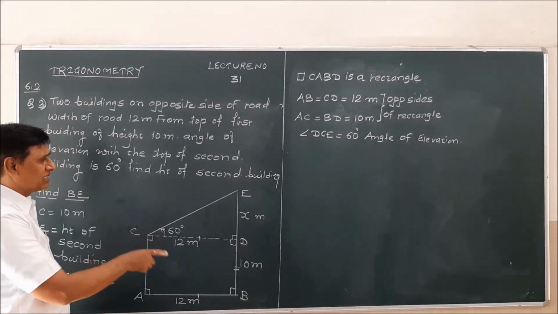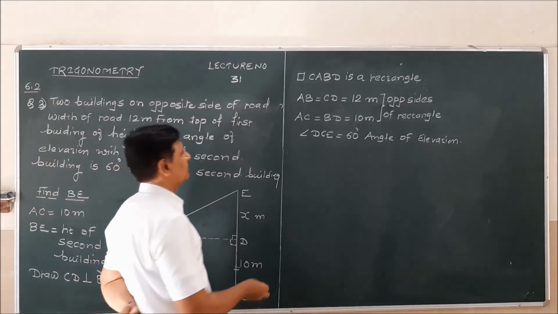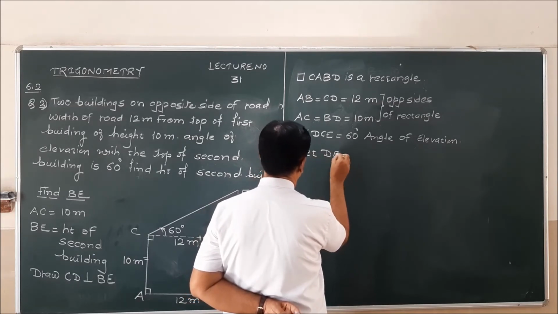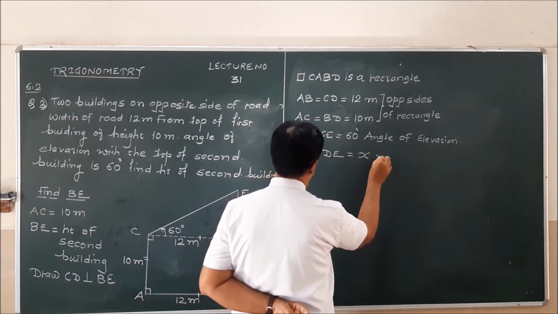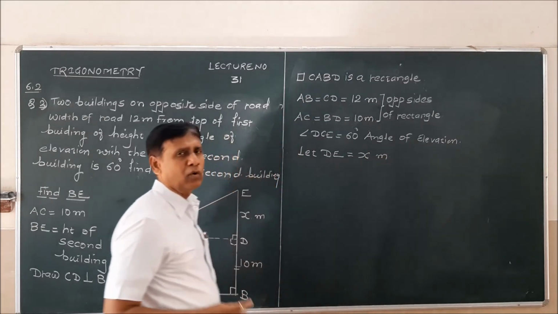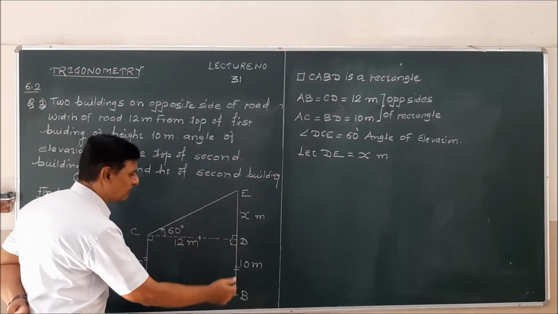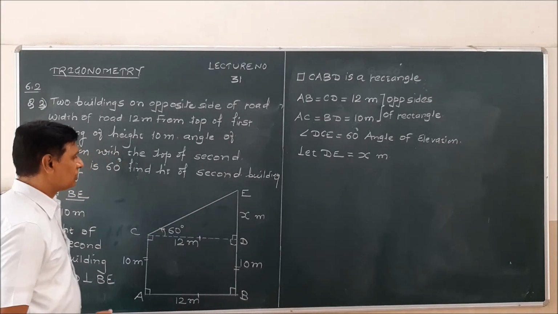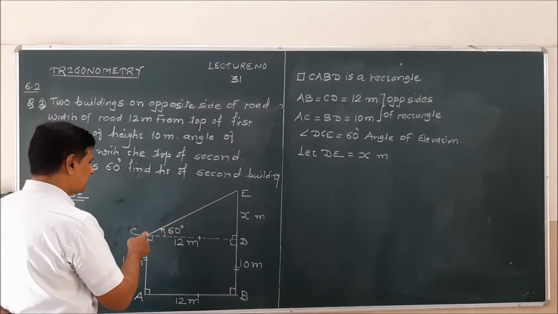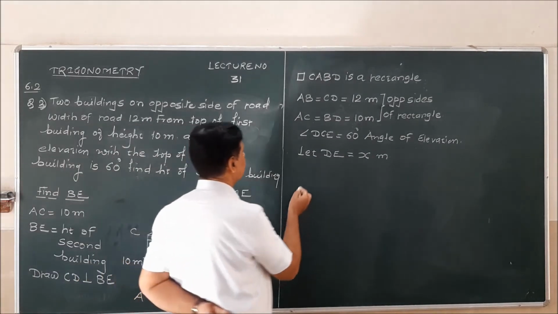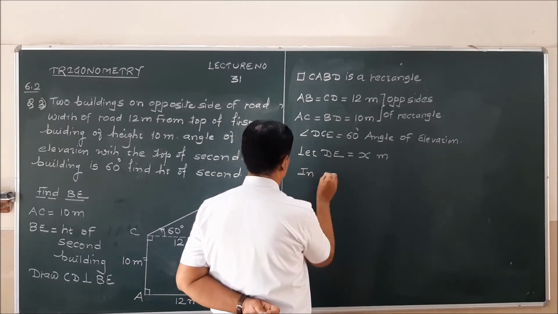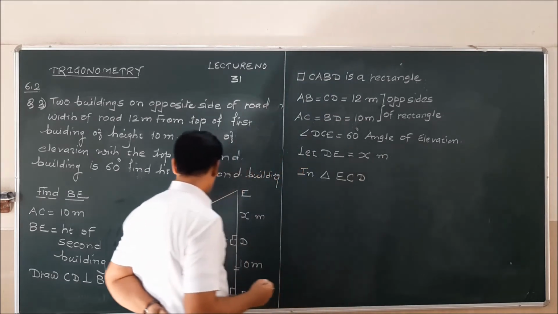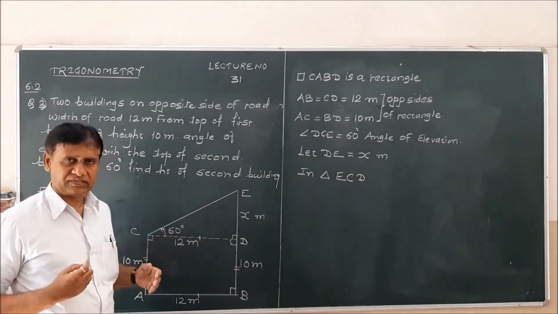Now let DE is equal to X meter. We don't know DE. We have to find out DE. We know BD already. So in triangle ECD, now our aim is to get the value of X.